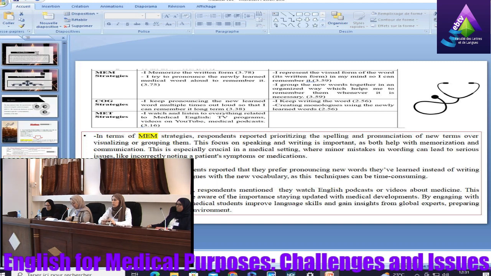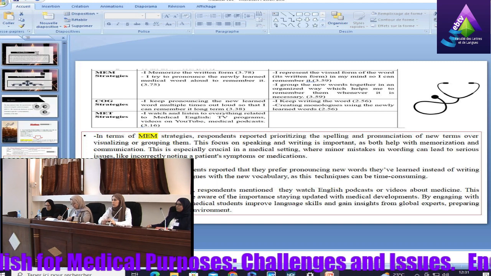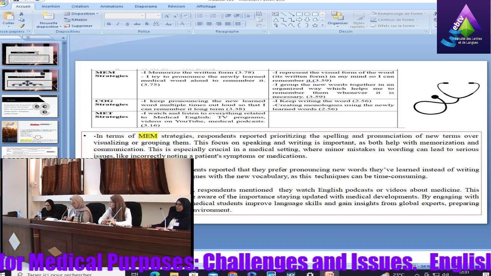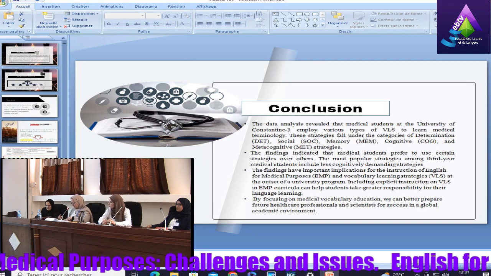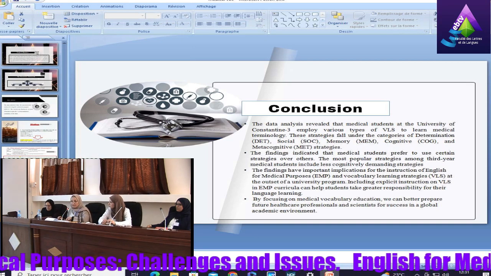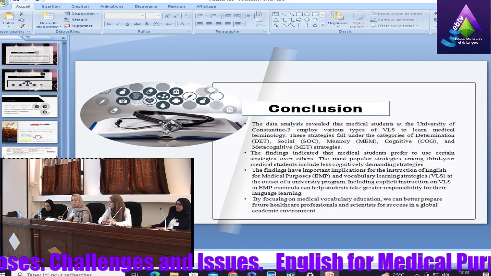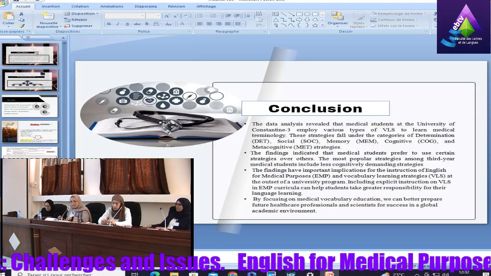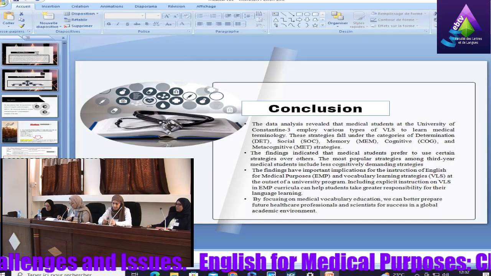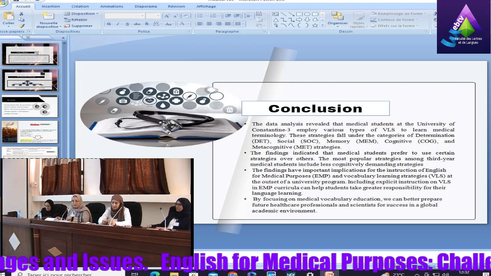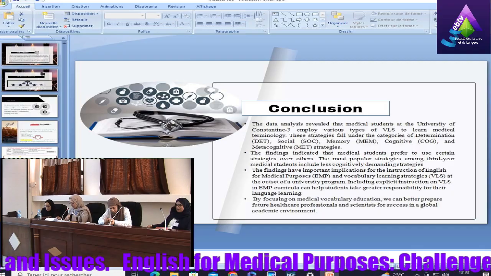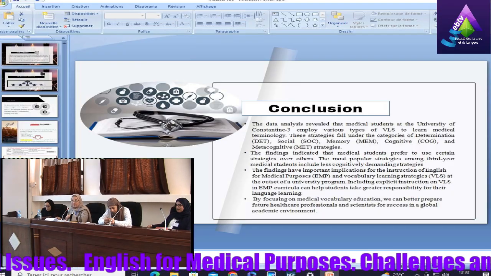Then finally you have concluded your work saying that students use a variety of all these strategies and that vocabulary remains a way to enhance and improve success in the academic environment.